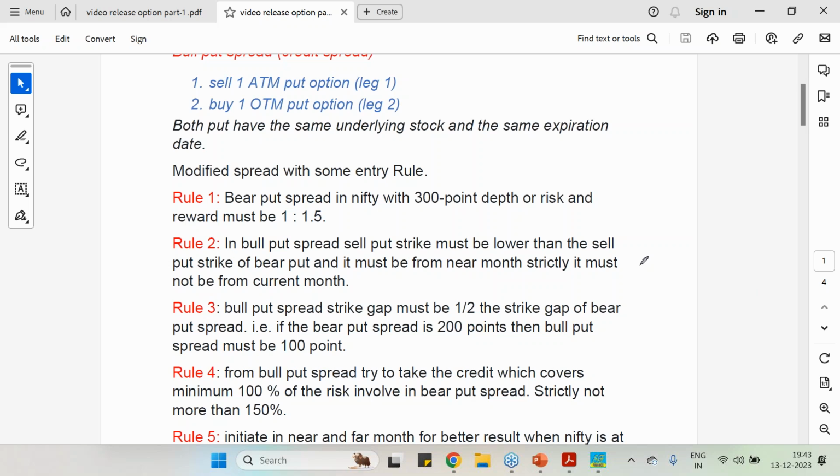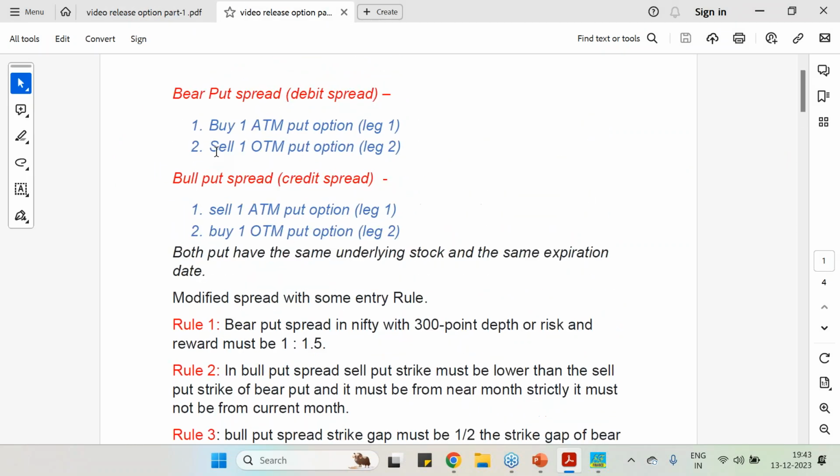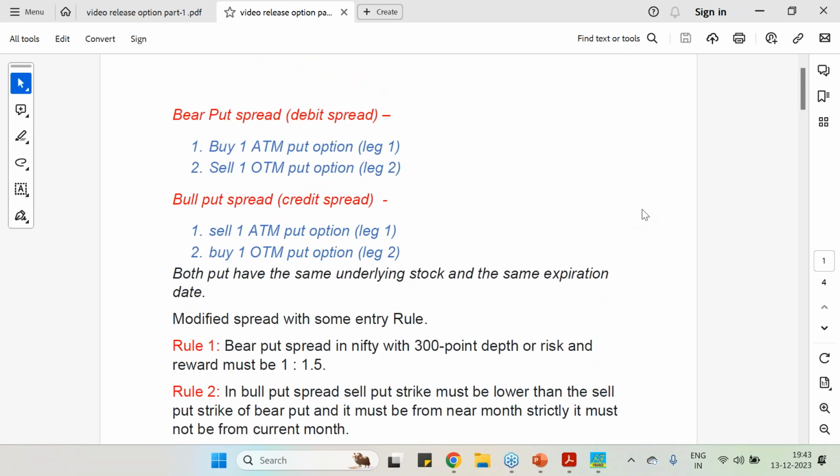In case of a deep fall, you should get a profit. For that only you are slightly altering the position, so that you arrive at similar delta and theta. So this is how you should form bull call spread, bear call spread, bull put spread and bear put spread combinations to make money.